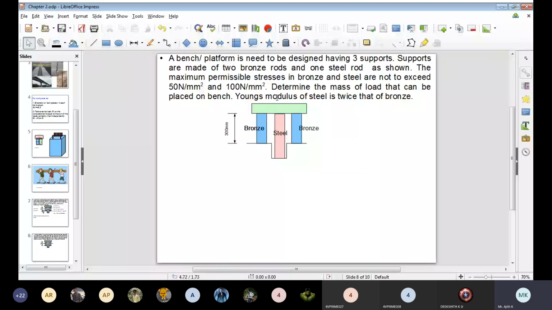This is 300 mm, and below this one is 200 mm. These two dimensions are given.